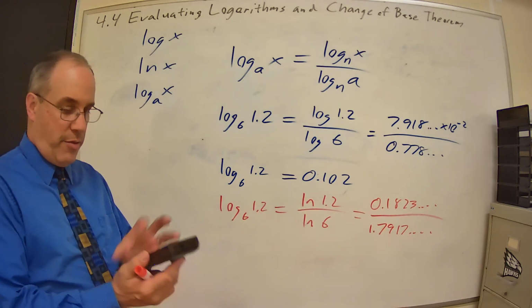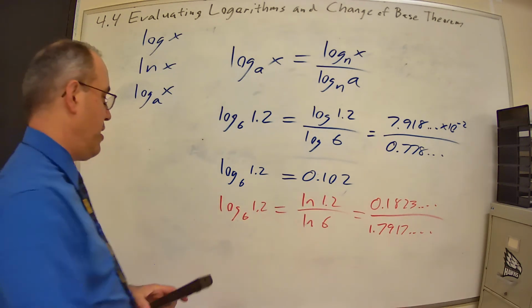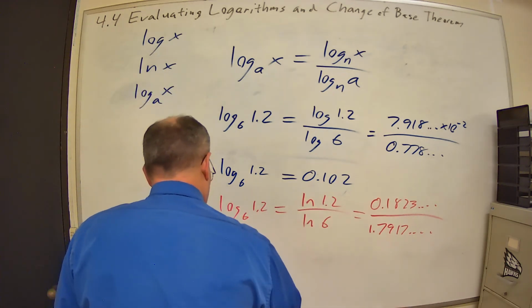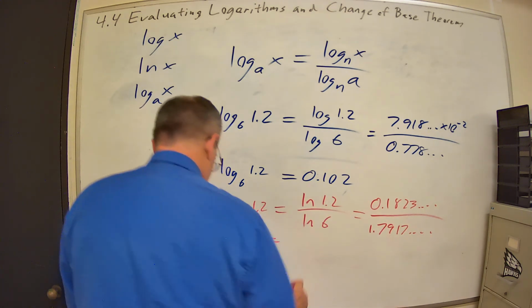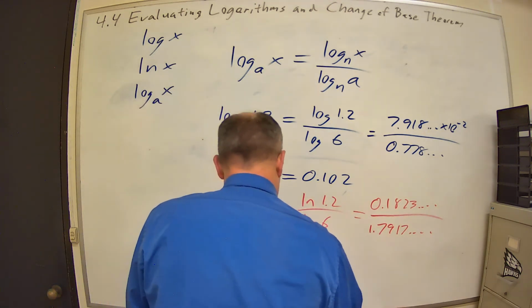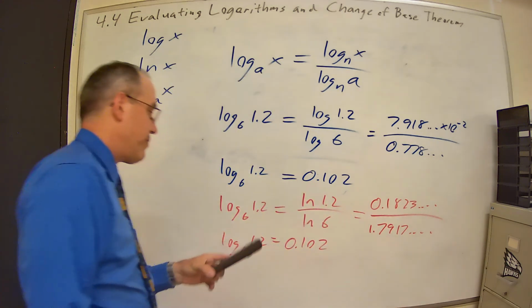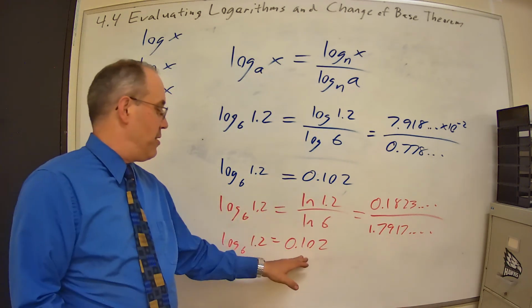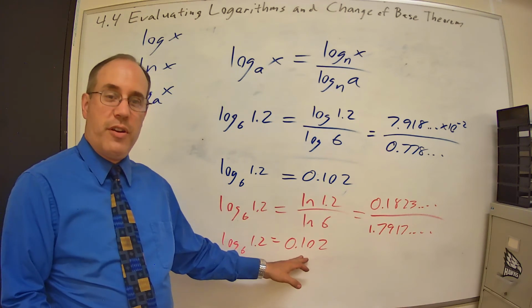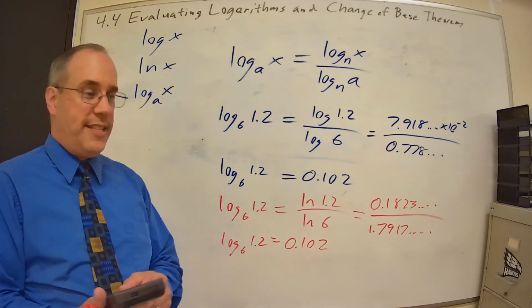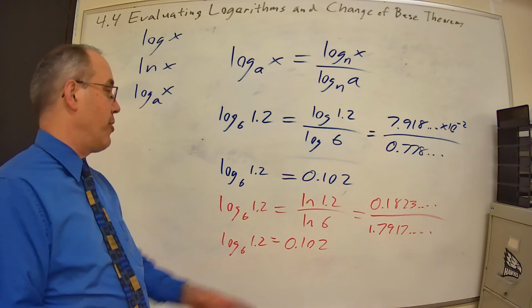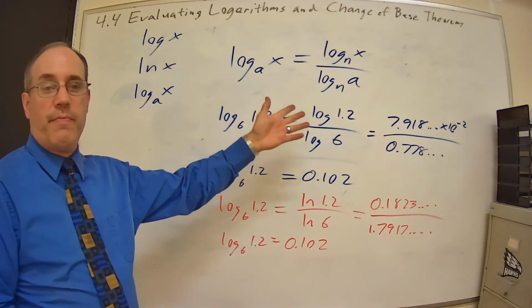And if I divide them, amazingly enough, I get log base 6 of 1.2 is equal to 0.1017, so 0.102 approximately. And I come out with exactly the same number on my calculator either way that I do it.